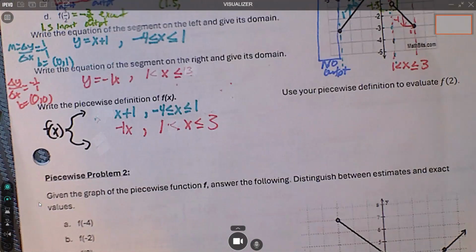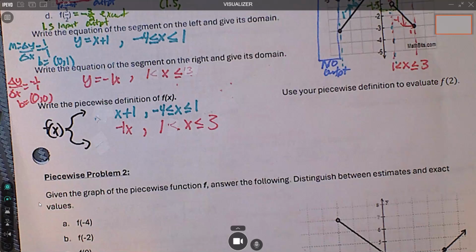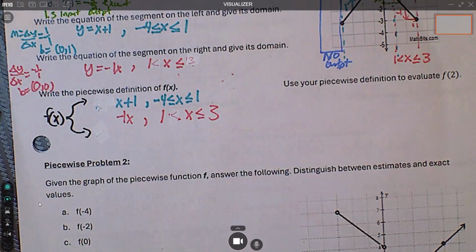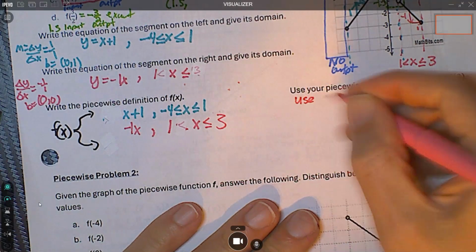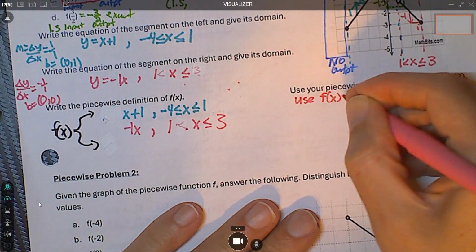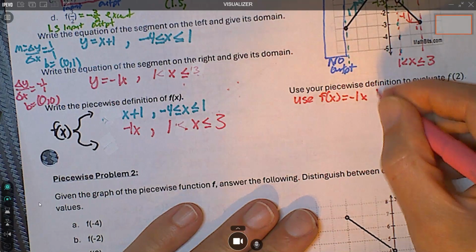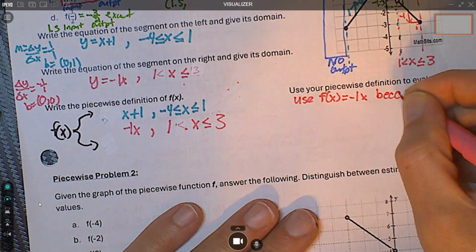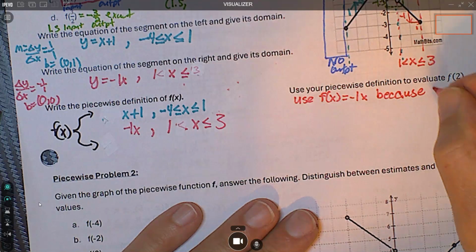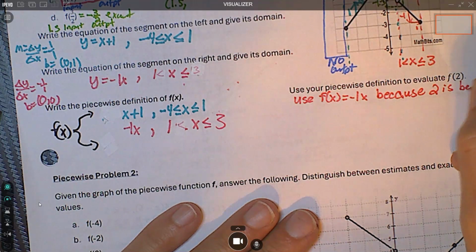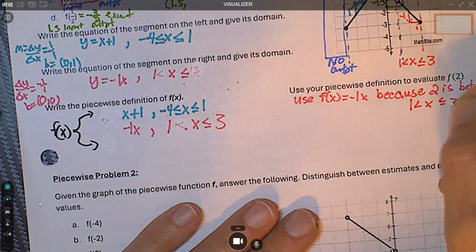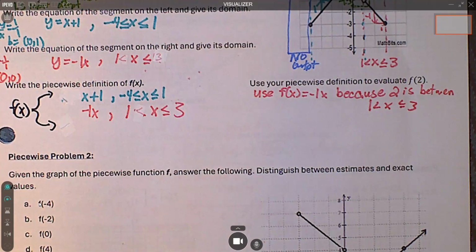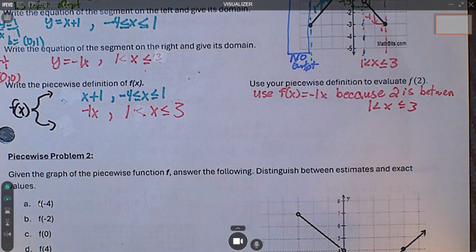Okay, f of 2. You use negative 1x because x is between these two.